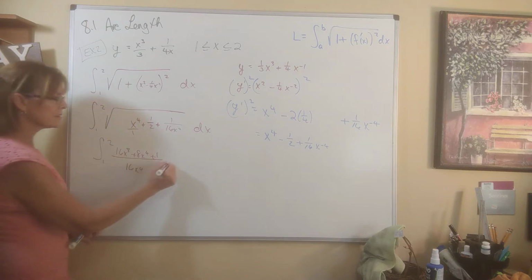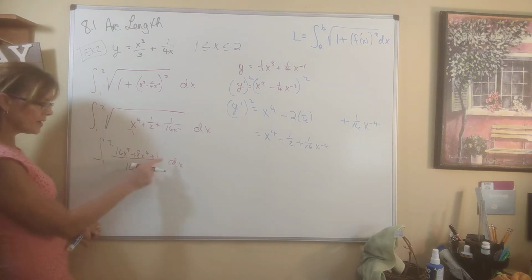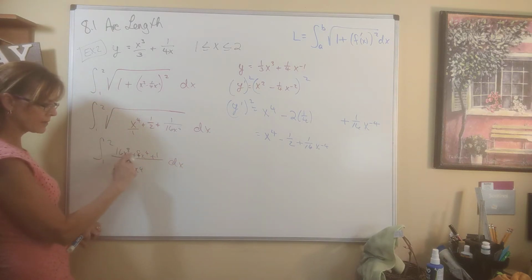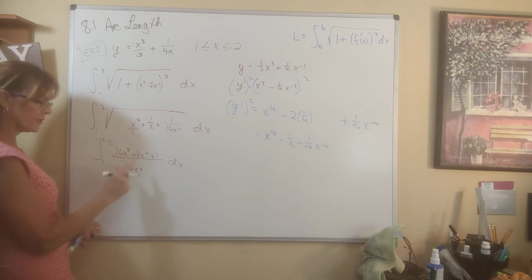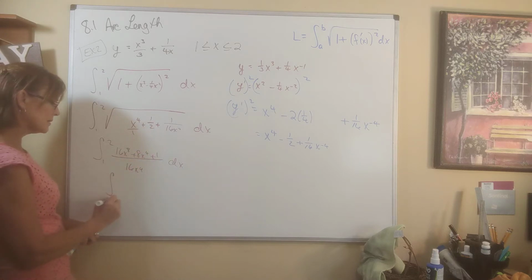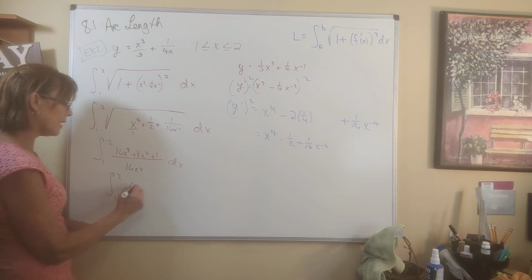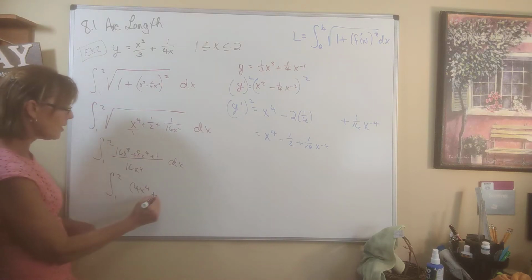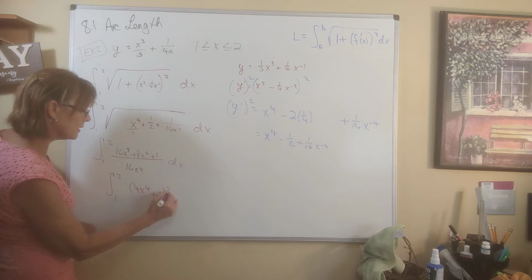Now when I stare at this, I realize that this will factor. And this is actually a perfect square. And so this can factor into the integral of the square root of (4x to the 4th plus 1) quantity squared over 16x to the 4th dx.